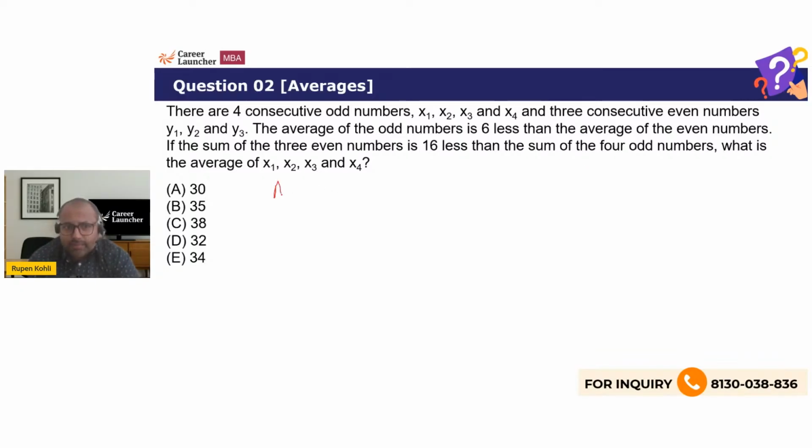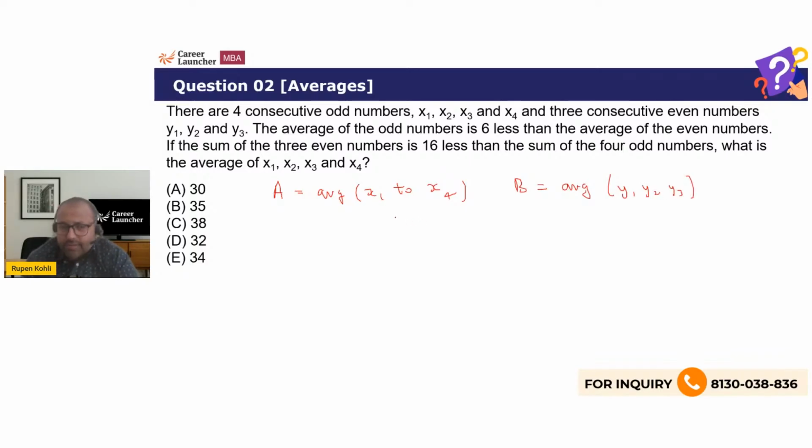So let us say A is the average of the 4 odd numbers x1 to x4, and B is the average of the 3 even numbers y1, y2, y3.